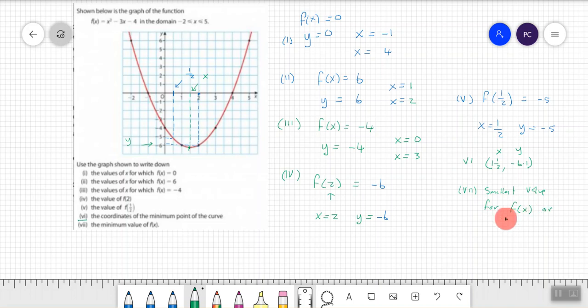Function x is just y, and the minimum value for y is going to be this guy here, so minus 6.1. You just read that off the graph down here. Okay, so that's that question. So hopefully that makes sense and hopefully this helps.